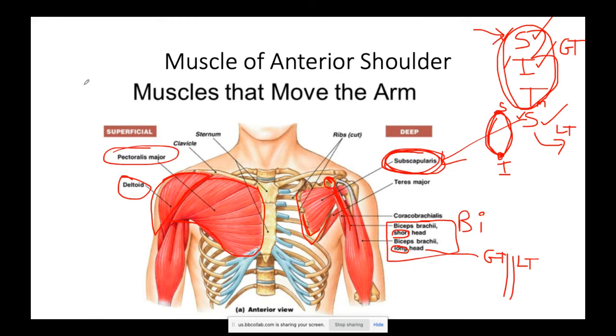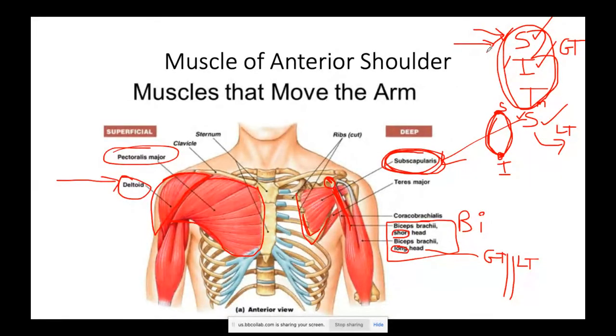And then the deltoid over here on the left side, especially the middle deltoid, does the rest of it. Okay, so that's a little bit about the rotator cuff muscles. And the one that's most commonly torn in people is usually the supraspinatus.